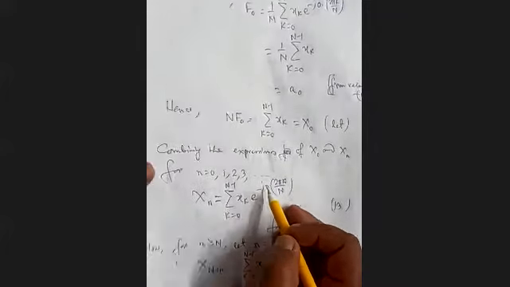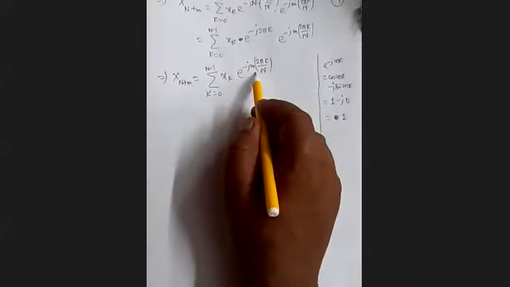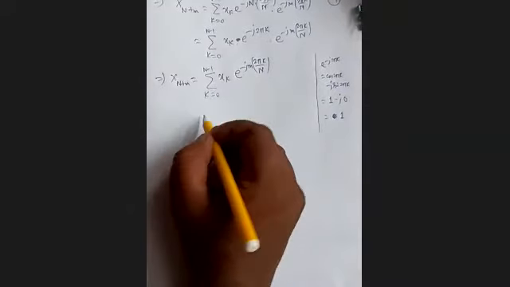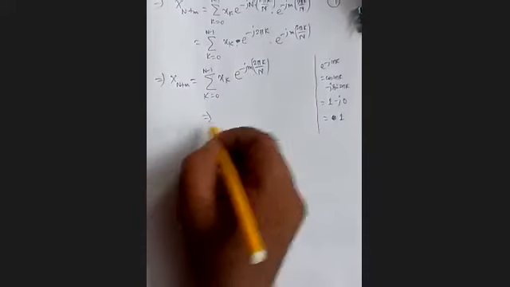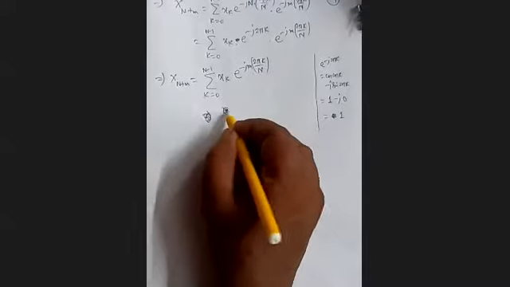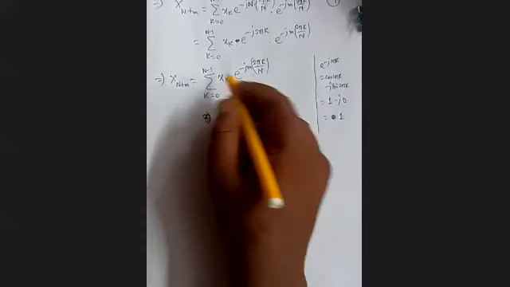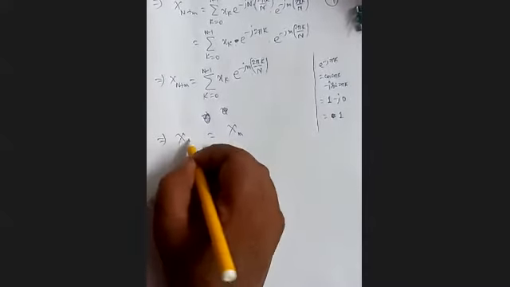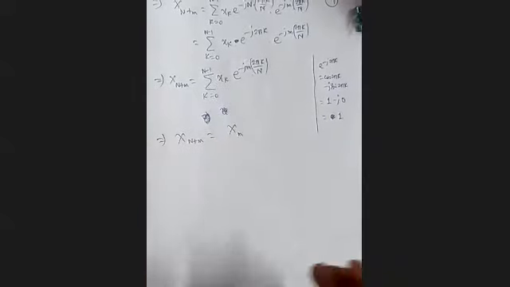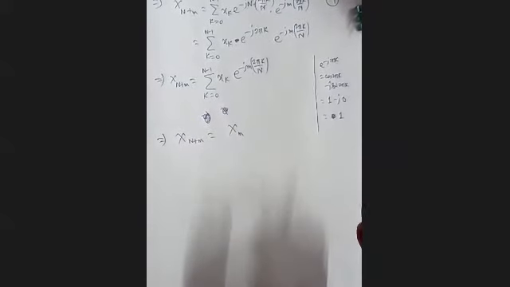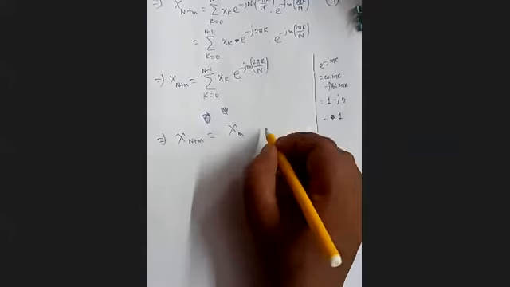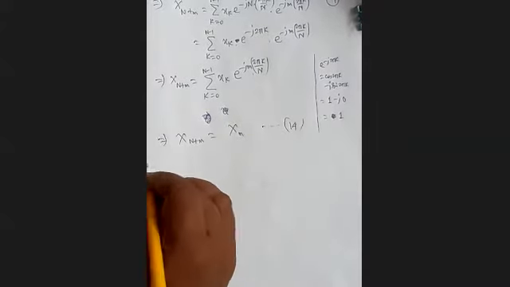So if there is an m, it will be x[m]. So that is equal to x[m], and it is x[n+m]. So this is our relation 14.